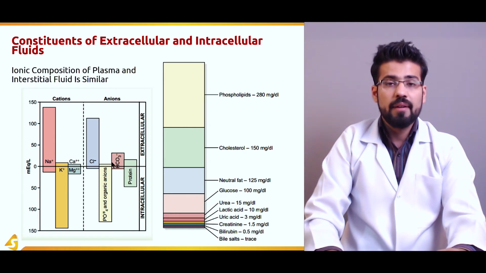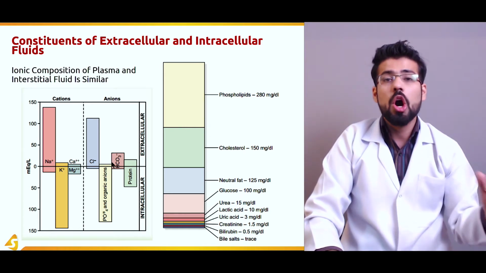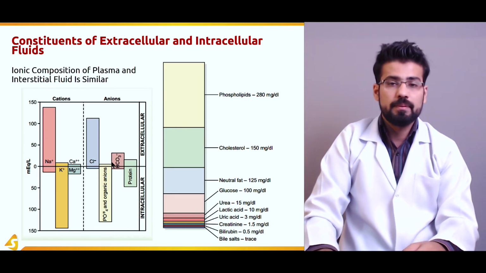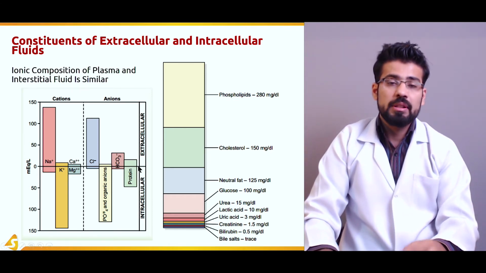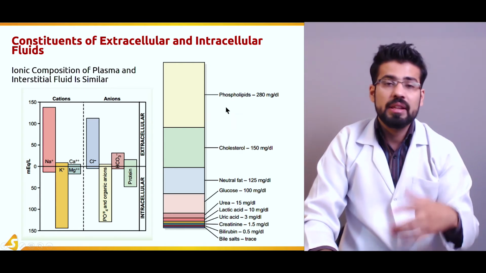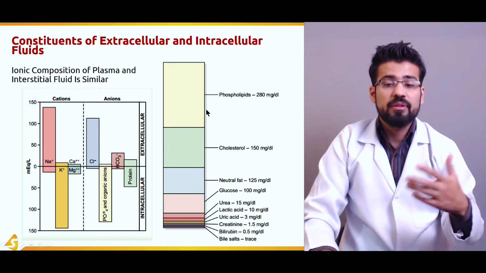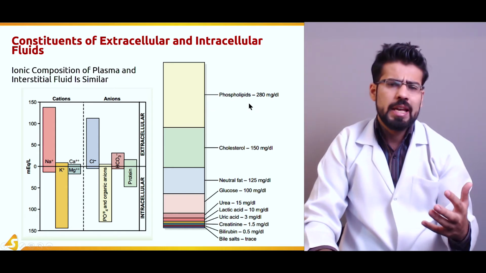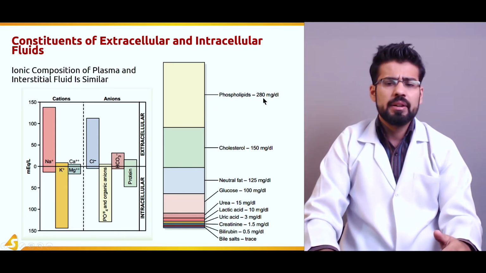Now, this graph over here is representing the non-electrolytes that are present in the plasma. The major percentage is occupied by the lipids or the fats, including the phospholipids, which is about 280 milligram per deciliter.